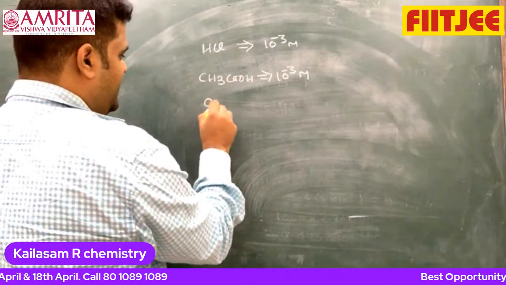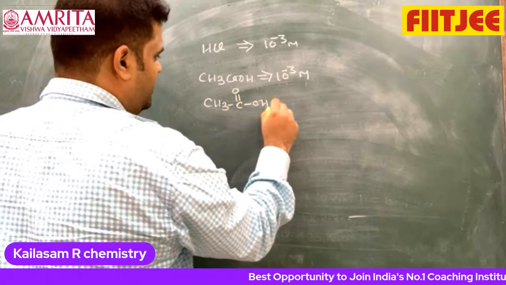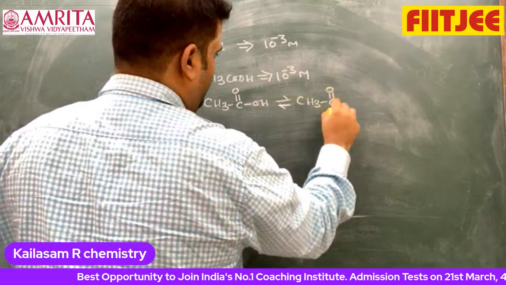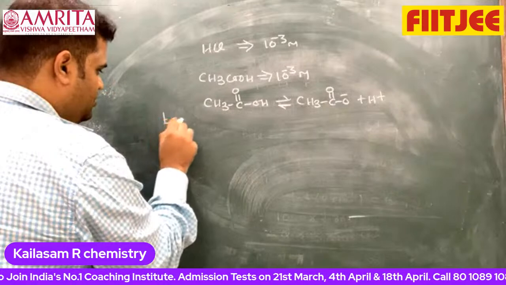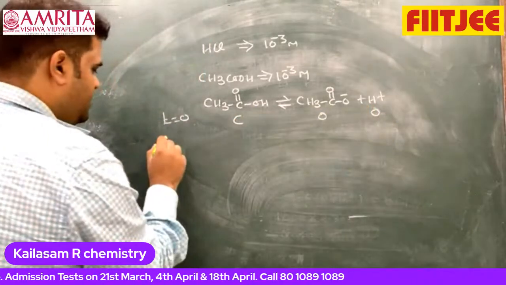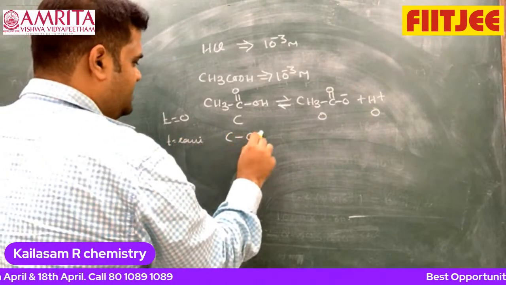Now I'm taking acetic acid CH3COOH. I can say the equilibrium CH3COO minus plus H plus. Let us take when t is equal to 0. This is some concentration C, and it is 0 and 0. Now at equilibrium, I can say that C minus C alpha.